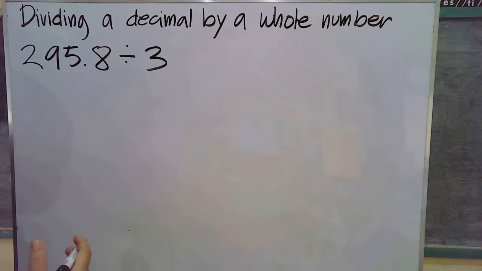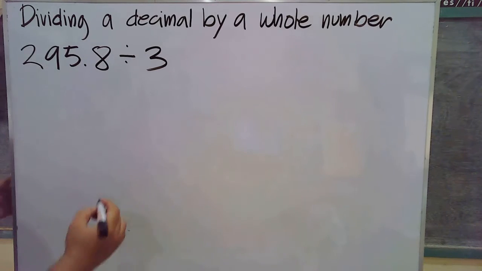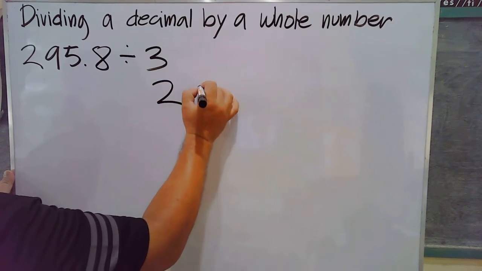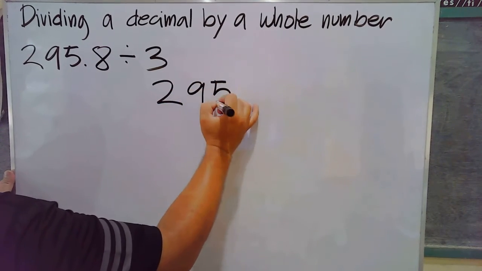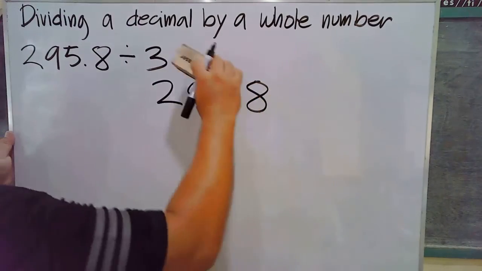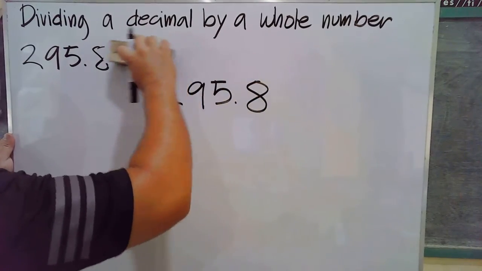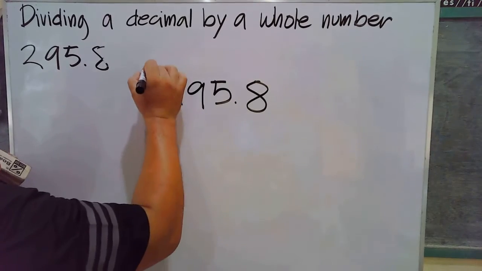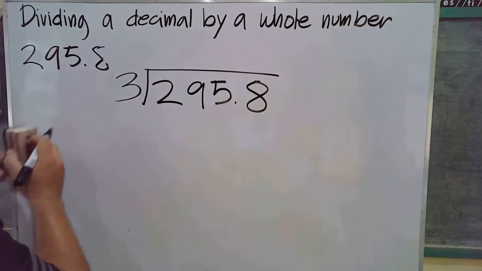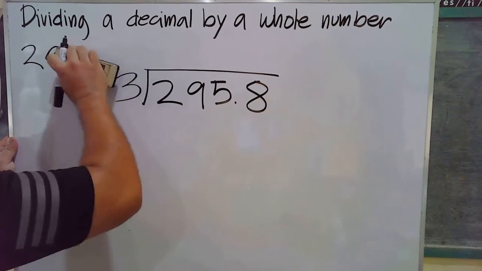So how do we do this? First, let's arrange this just like dividing a whole number. 295.8 divided by 3. So our divisor here will be 3.